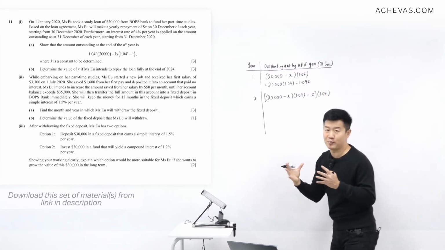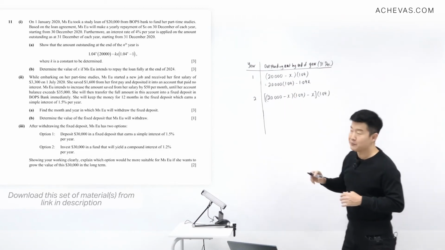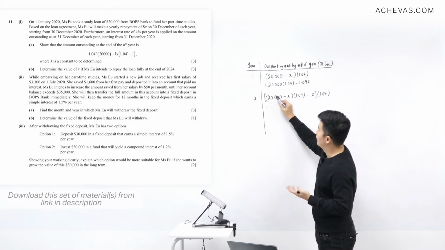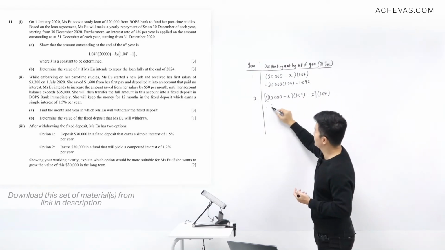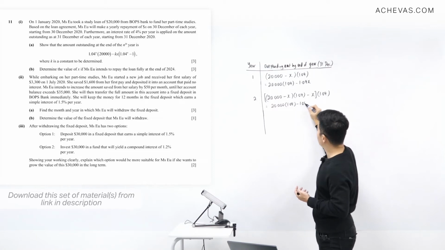This is obviously not possible for me to merge into one number, but I'm going to keep it as this. For what I have here, I'm also going to rewrite this portion as 20,000 times 1.04 minus 1.04X, then minus X.